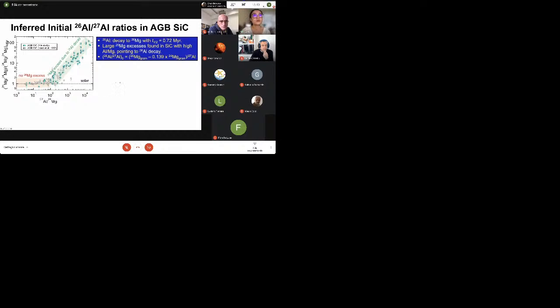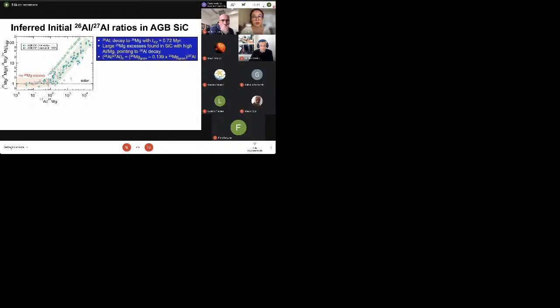And to calculate the grain's initial aluminum-26 ratios, we can simply subtract the true magnesium-26 from the total magnesium-26 count collected from the grain, and then the remaining magnesium-26 count for each grain represents the amount of magnesium-26 from the decay of aluminum-26.